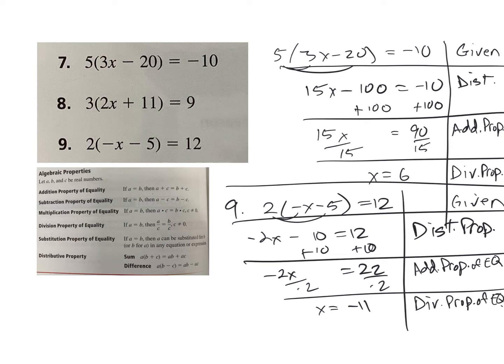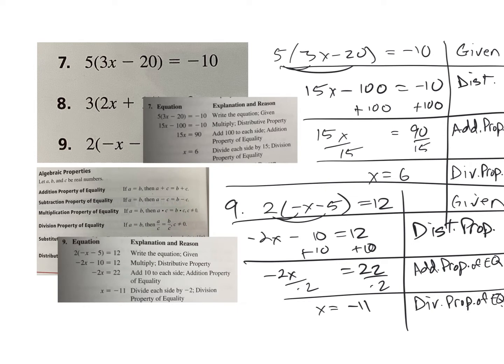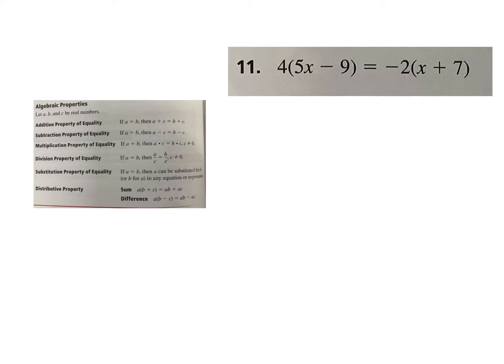Now let's take a look at both those answers. As you can see, they do match with what we have. All right, moving on. Number 11. So let's start the process here. 4 times (5x minus 9) equals negative 2x plus 7.